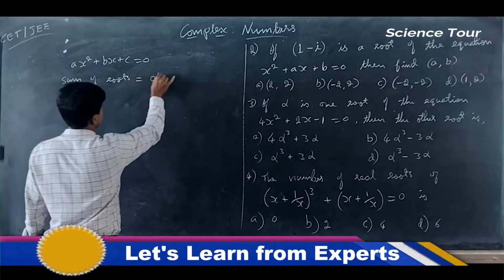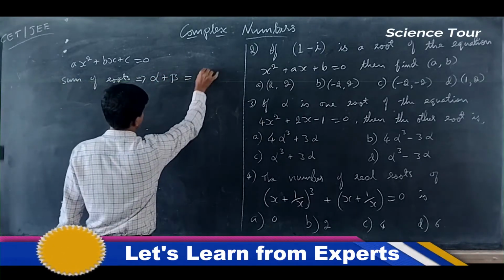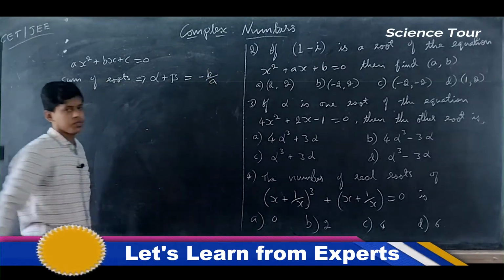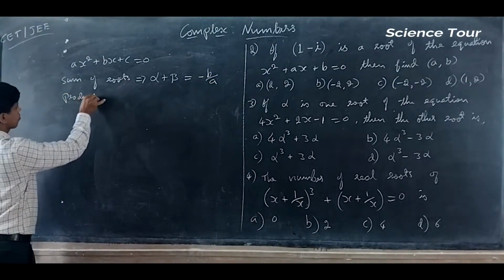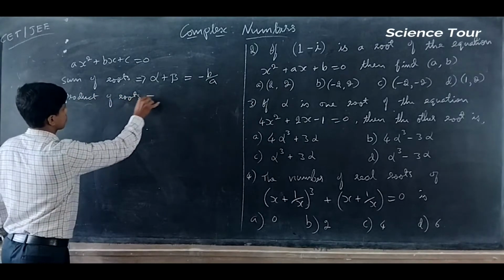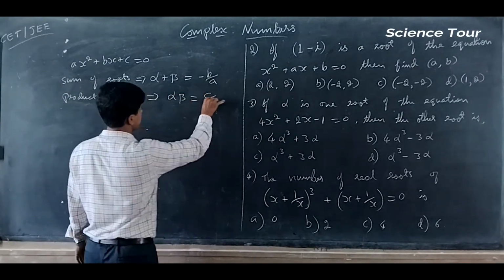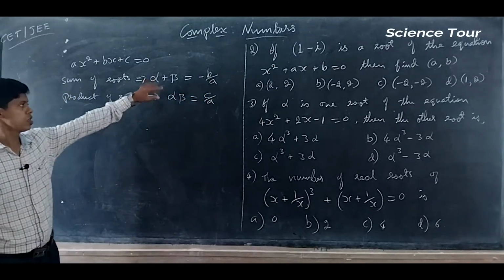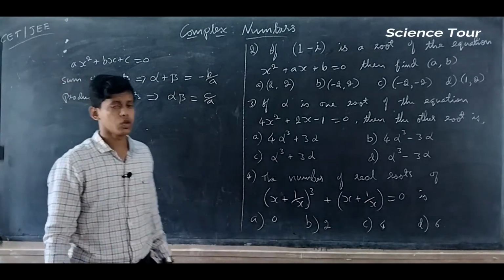Sum of the roots you can write alpha plus beta, okay, and that's equal to minus b by a, right? And the product of roots, that is alpha into beta, that is c by a. So these are the two formulas that you have to remember for questions based on quadratic equations.